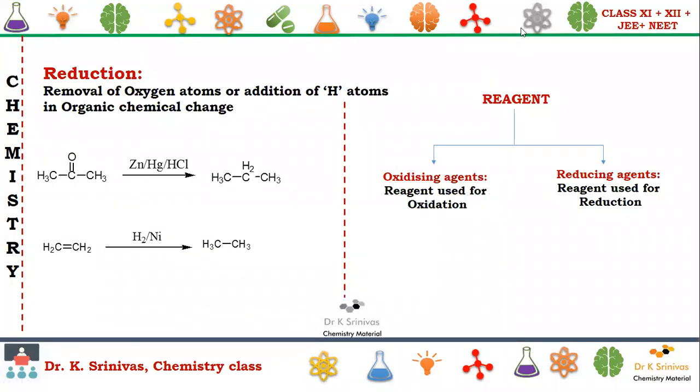What is reduction? Reduction is nothing but the removal of oxygen atoms and addition of hydrogen atoms in an organic chemical change. Here we have taken acetone, also known as propanone. We are removing this oxygen and adding hydrogen to this.